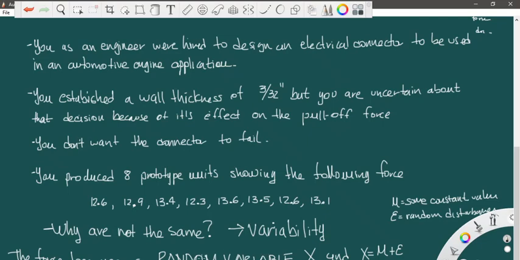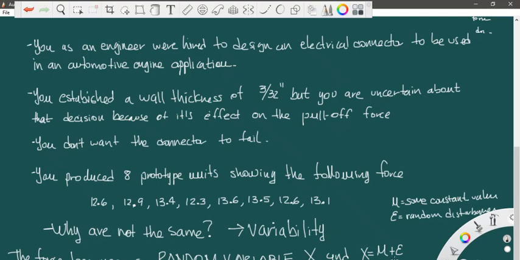One of the most common notations for a random variable is x. This is no longer a constant value, it's a random variable. And the model to represent this is x, which is a random variable, equal to mu, where mu is the average of these values, some constant value. This is the expected value for all these samples of pull-off force.